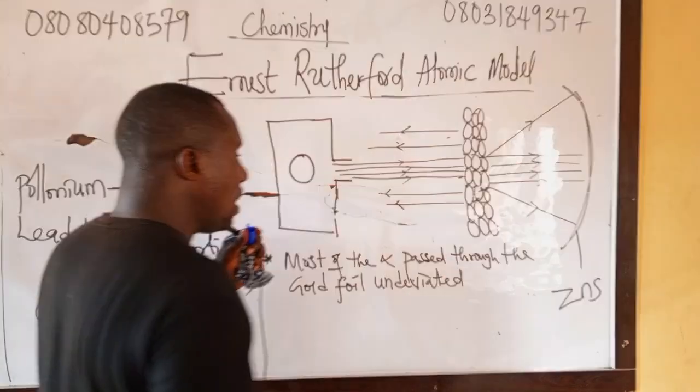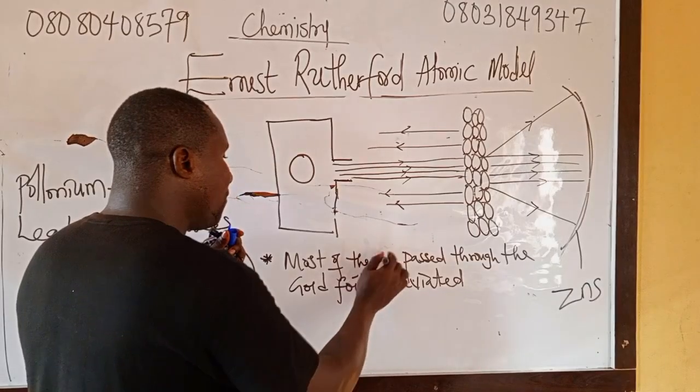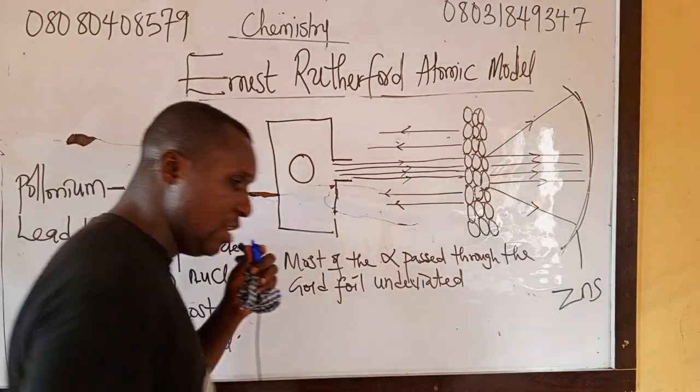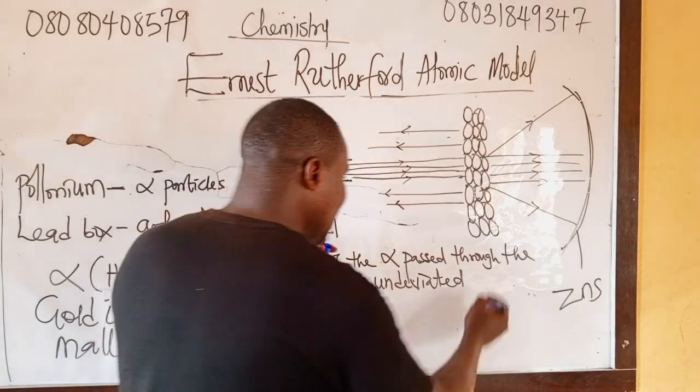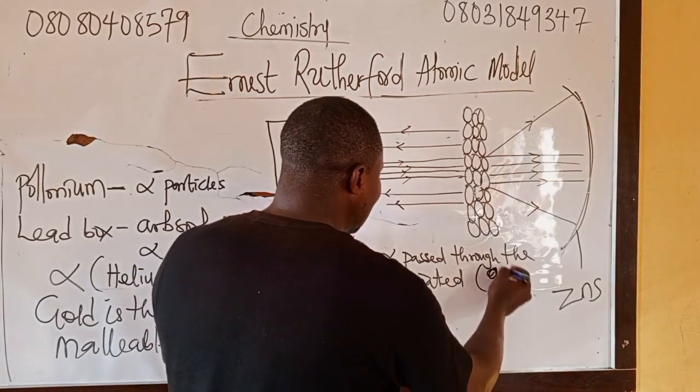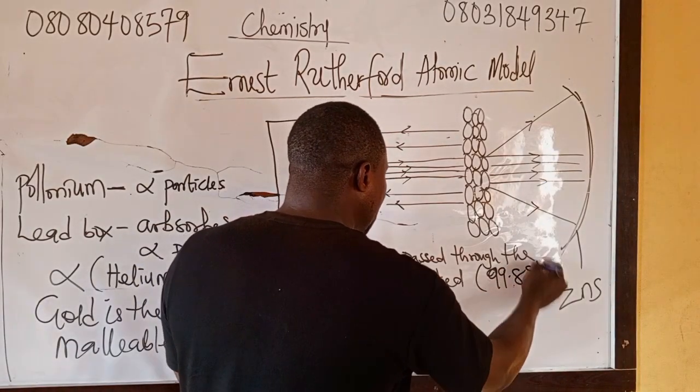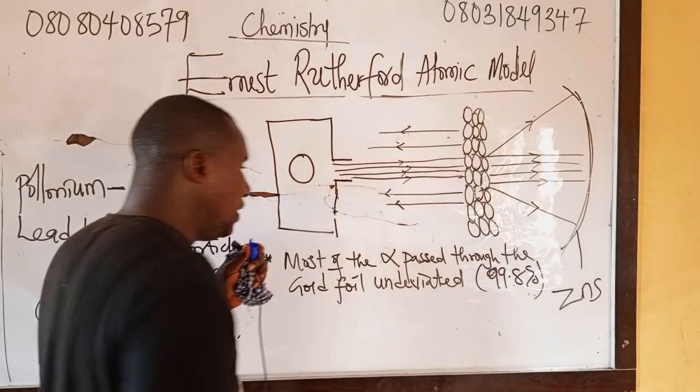This is the symbol of alpha, take note. Alpha helium passes through the gold foil undeviated. That is up to 99.8% of it passing through undeviated.